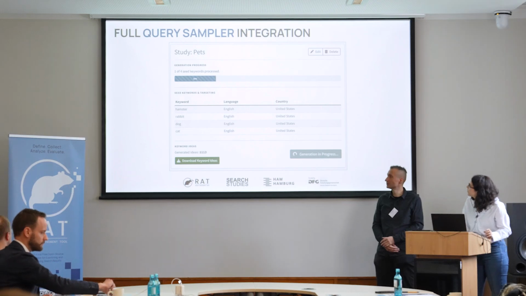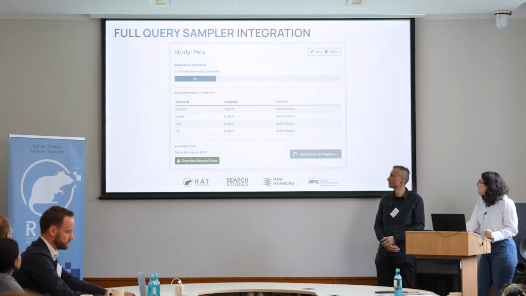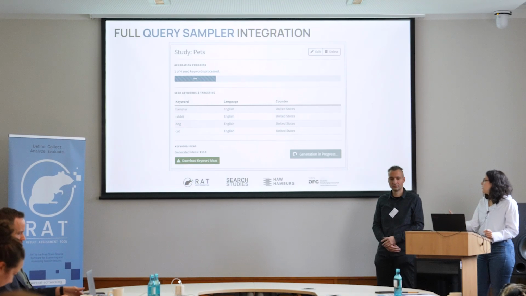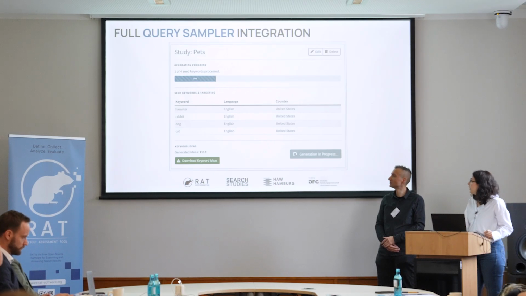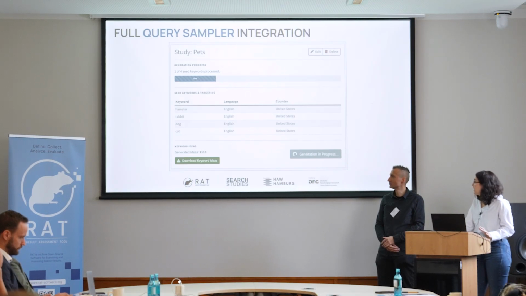you can see here in the screenshot from Query Sampler in RED. In the center of the slide, we have the starting keywords, the seed keywords, for example, hamster, rabbit, dog, and cat. And at the top, we have a progress bar. This is also new. We can see here how many seed keywords are processed already.